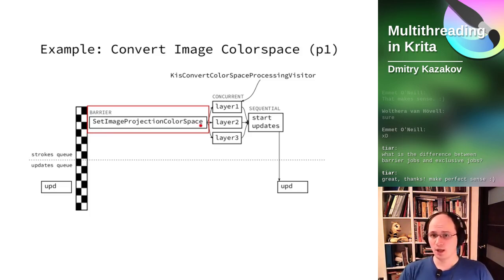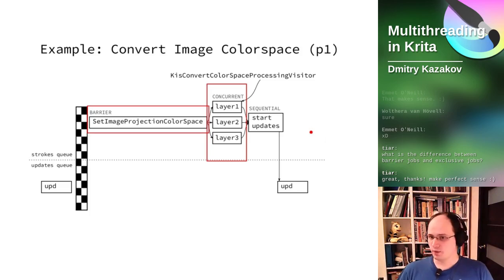If you go to keys image class, you will find this undo command. Then we should apply processing visitor that converts actual pixels of every layer in the image. You can see it here. It is done using visitor.